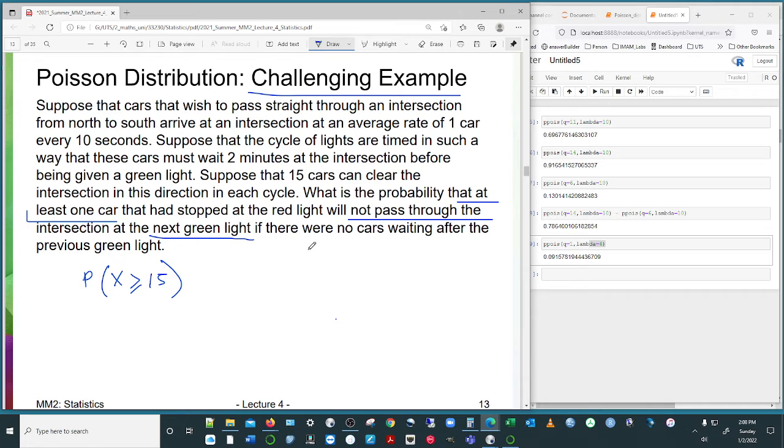Okay, so what's our lambda? Our lambda was 1 car every 10 seconds. So that's what we're told. Okay, 1 car every 10 seconds, that's good. However, the problem was couched in terms of a 2-minute wait.